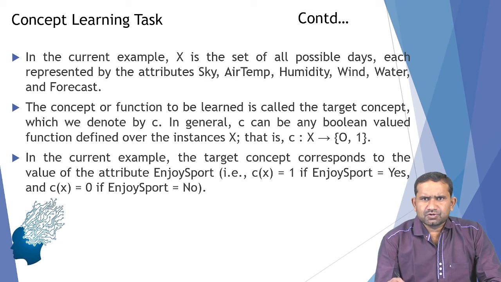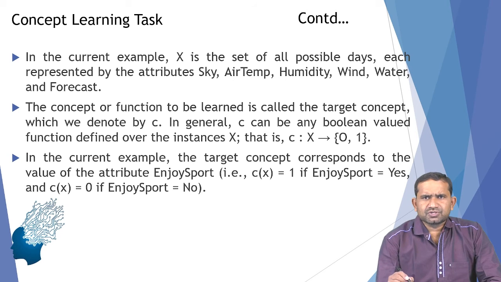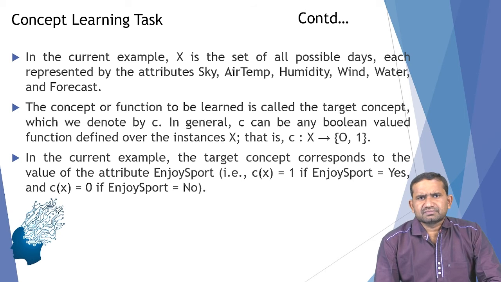And whereas C of x is equal to 0, enjoy sports is no. Why? Because its instance value is equal to 0, meaning it is null, not acceptable. Whereas 1 is accepted.